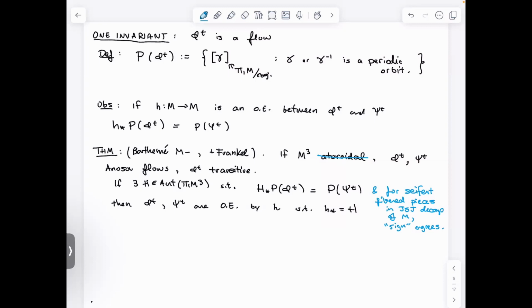Then the conclusion is true. So in the completely general case, there's just finitely much more data that you need to give a complete invariant.